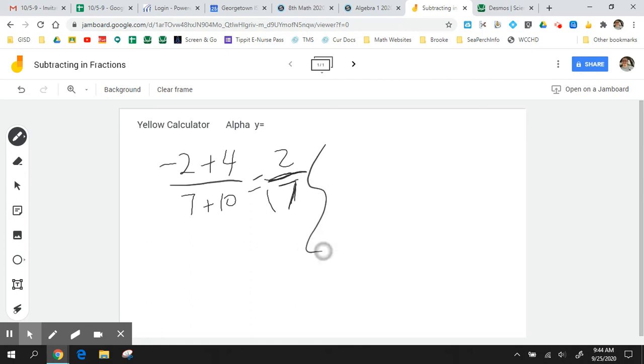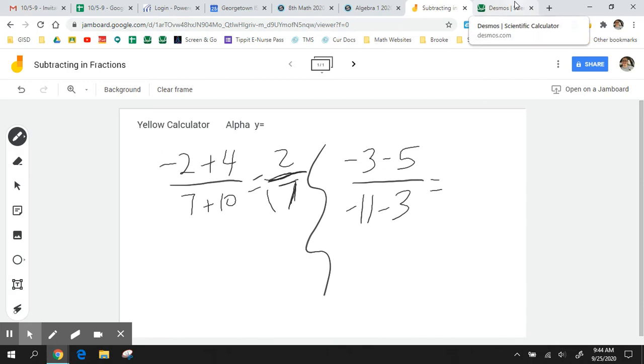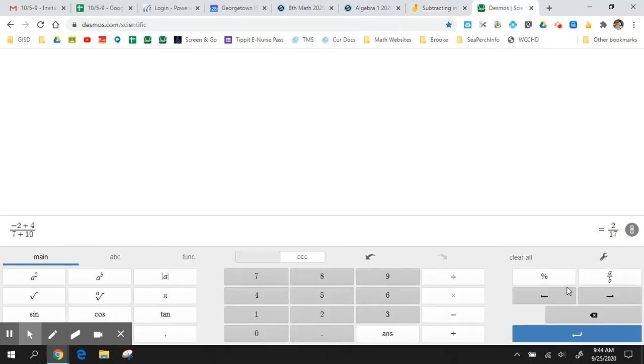So let's do another one. Negative 3 minus 5 over negative 11 minus 3. So we've got a lot of negatives in there, and a minus sign. Go to Desmos, I'm going to clear.